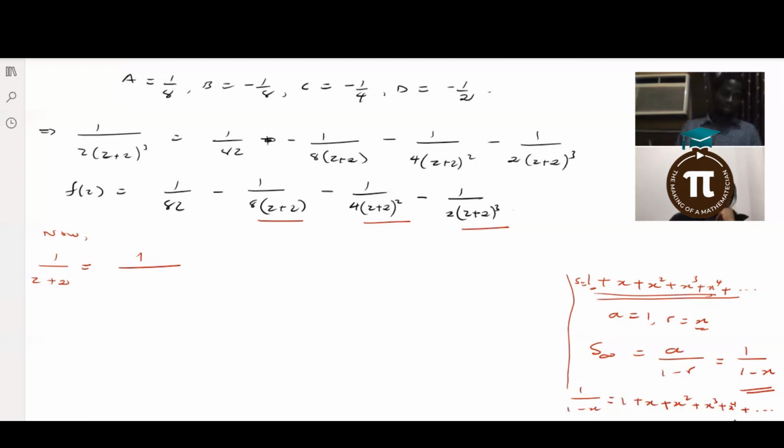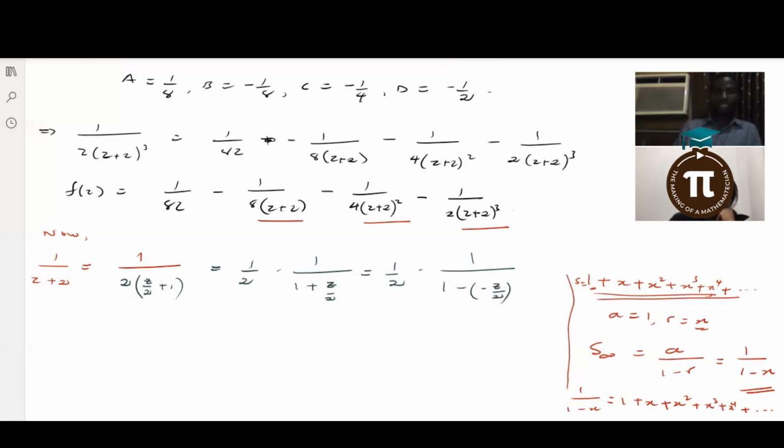So I factorize 2 out in this case, so that this will become z over 2 plus 1. If I open the bracket, I have not changed anything. So this is equal to 1 over 2 multiplying 1 over 1 plus z over 2, rather. So this is exactly 1 over 2 multiplying 1 divided by 1 minus minus z over 2.